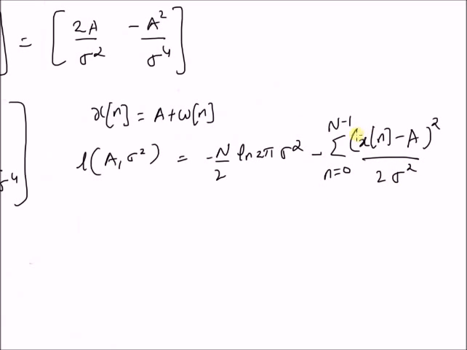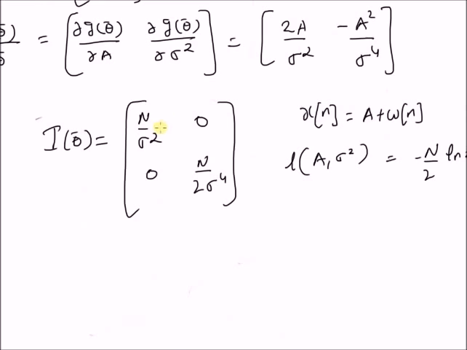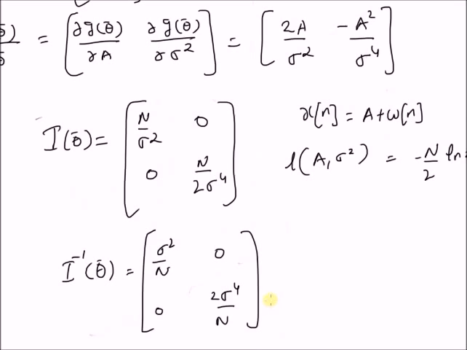Given this log likelihood function, our Fisher information matrix is given by this structure. So the inverse Fisher information matrix can be easily calculated as sigma square over n, 0, 0, and 2 sigma power 4 by n, since this is a diagonal matrix.